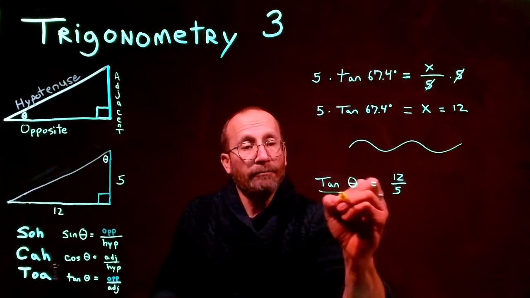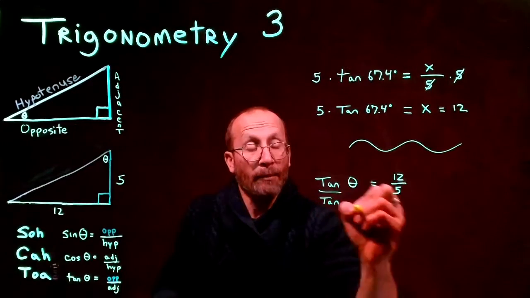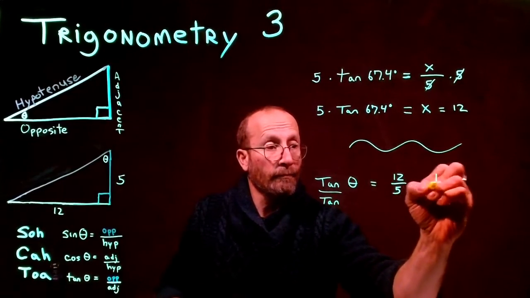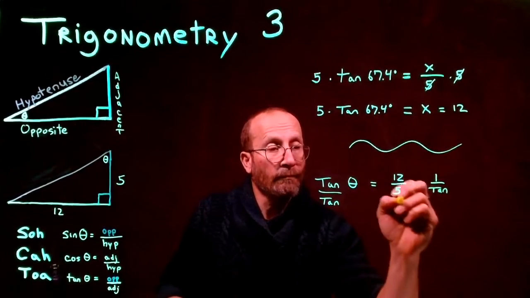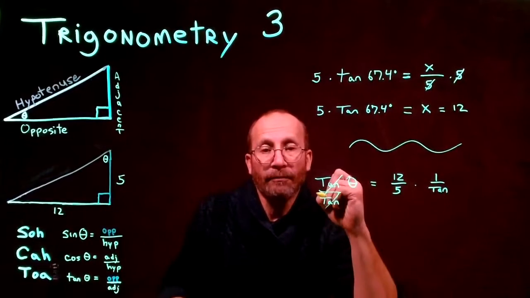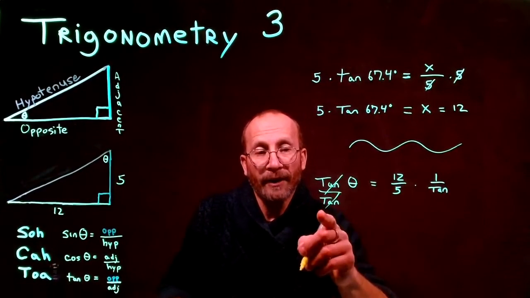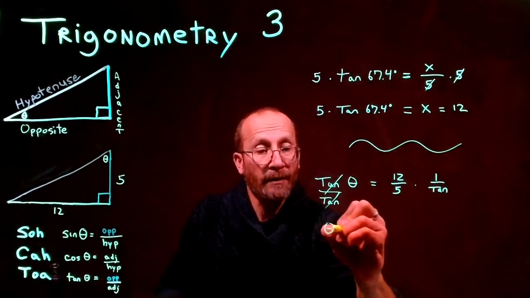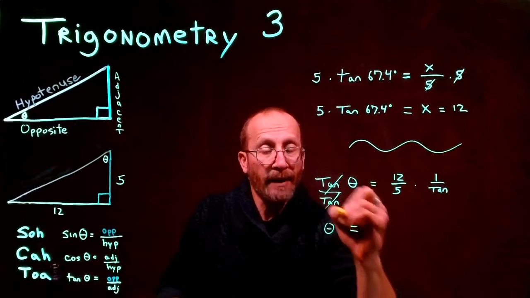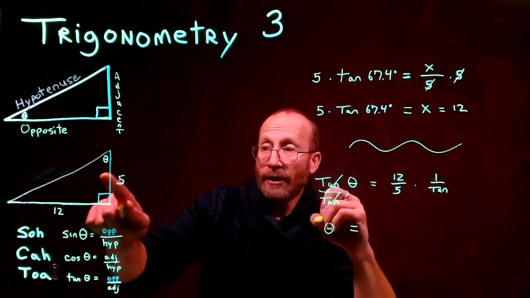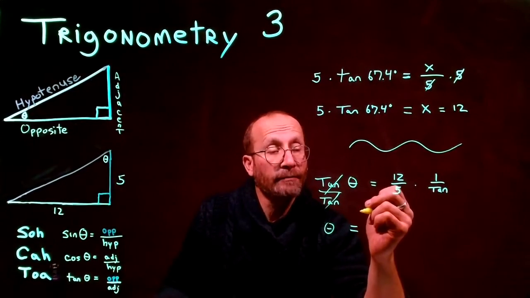And that's weird, but it's helpful because it lets me cancel out this on the left, leaving only theta, which is what I want, the angle of the triangle here, the unknown I'm trying to find.